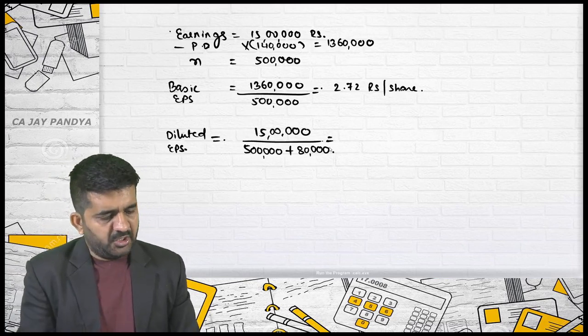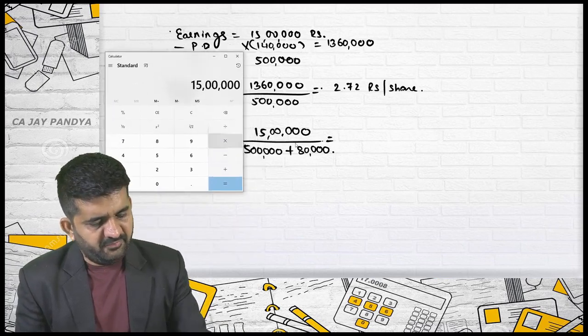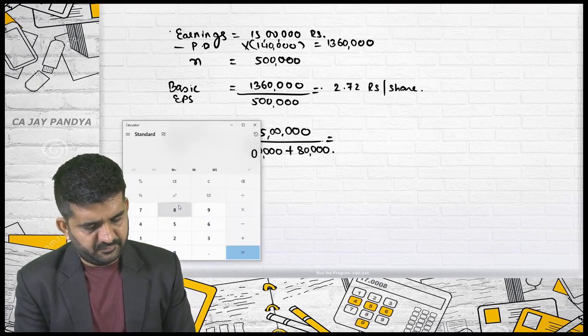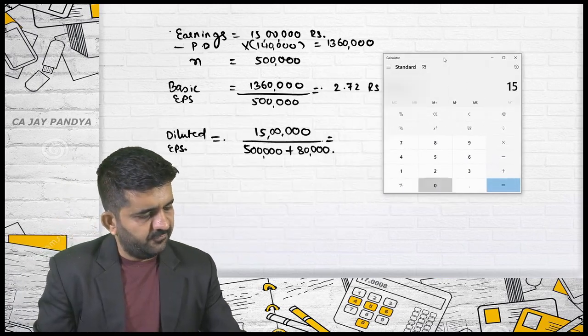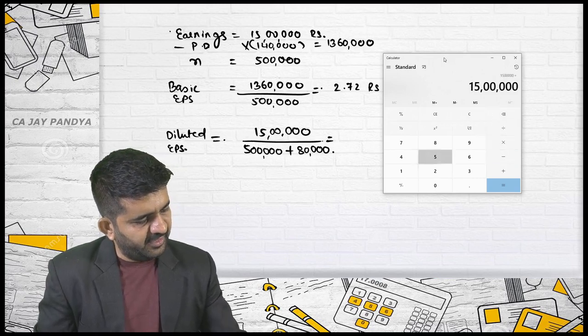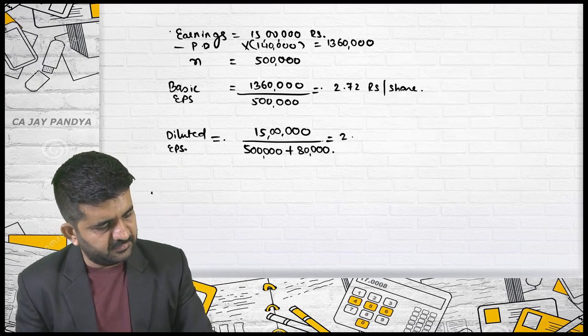It will be 15 lakhs divided by 5,80,000. It is 2.586.